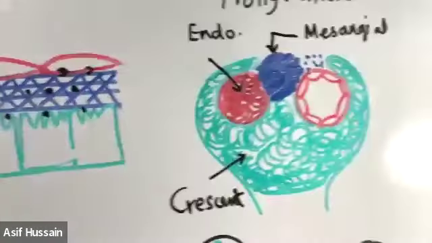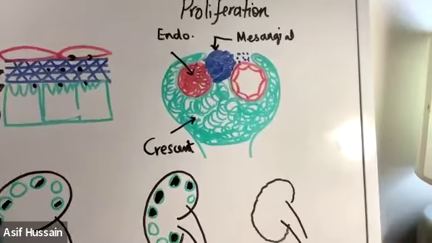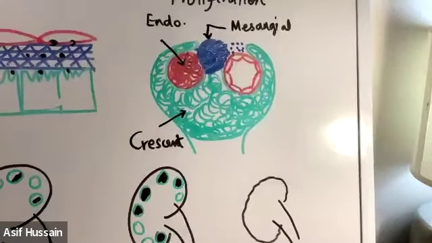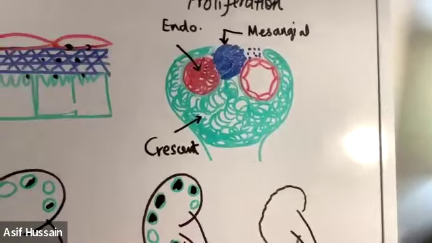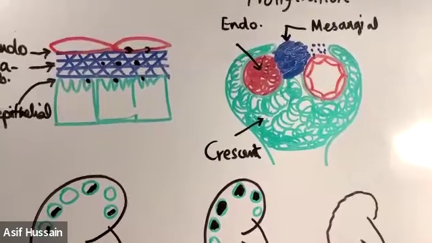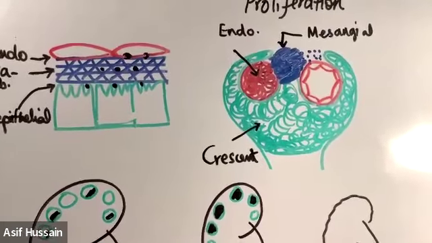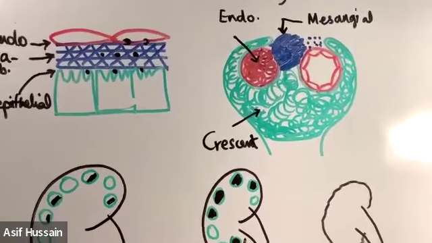Another important fact is about proliferation, and we're still on proliferation because it is a big topic. When there's a mesangial proliferation, it expands the mesangium, and when it expands the mesangium, it will compromise the adjacent capillaries. It will press on the adjacent capillaries. Similarly, when there's endothelial proliferation, it will occlude the capillary lumen.